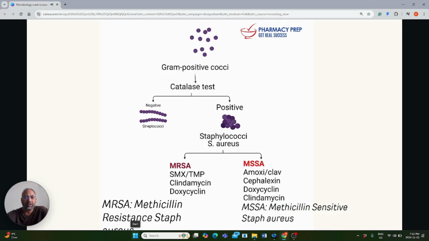MRSA, since they cannot be treated with any penicillin, they are usually treated with either SMX-TMP, clindamycin, or doxycycline. And the methicillin sensitive are the milder organism. There is no problem. We can treat them with amoxicillin and any of the cephalosporins, as well as doxycycline and clindamycin. Okay, so that is as far as the MRSA and MSSA is concerned.